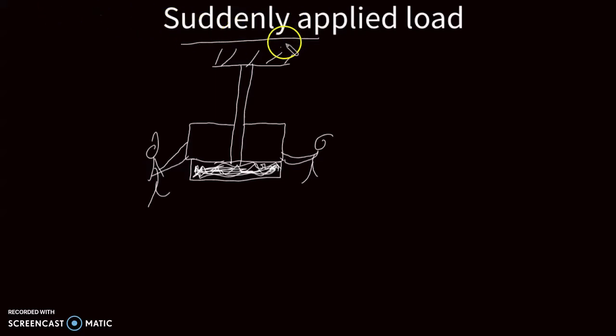So remember we said when we were dealing with shock load that the potential energy at the top will be equal to the strain energy at the bottom.